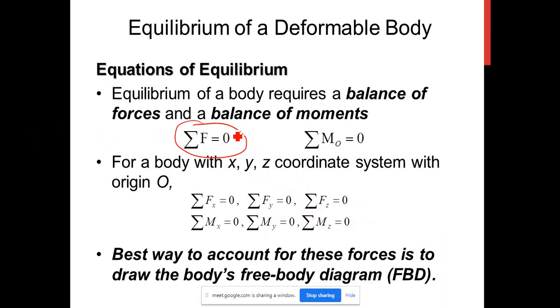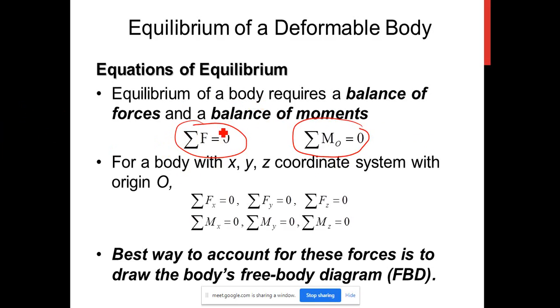All the structure or the material is in equilibrium when the summation of force is equal to 0, and also the summation of moment equal to 0. All the structure must fulfill these two criteria, otherwise we cannot solve the structure using solid mechanics and also static analysis.